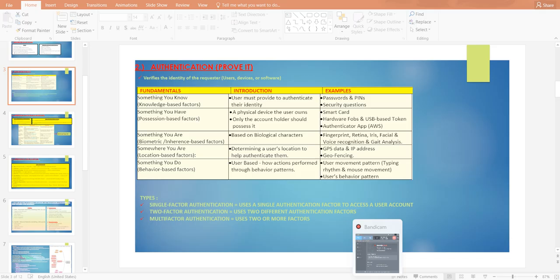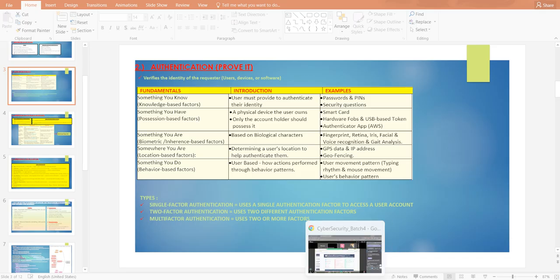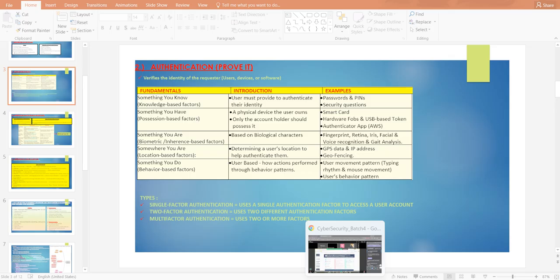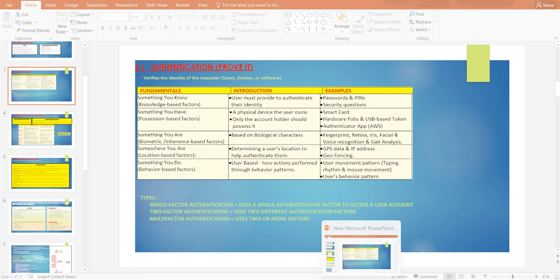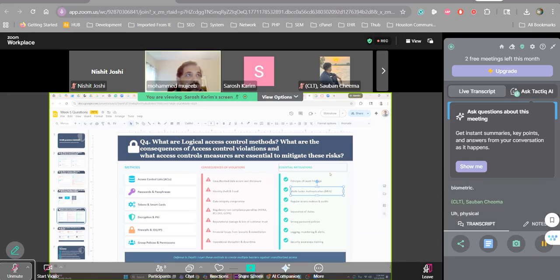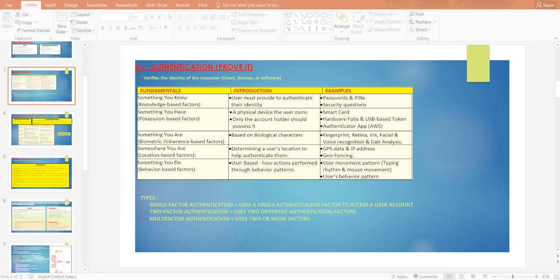So can you tell me what category fingerprinting comes under? It's something you have, something you know, something you are. What is fingerprint? Biometric, physical recognition. So what does that mean? Physical recognition is something you have, or something you are, or something you know?